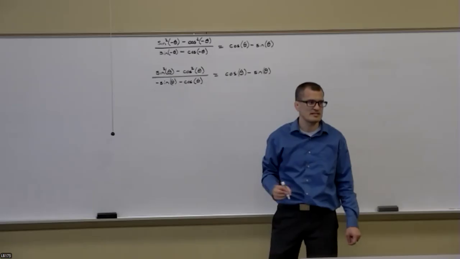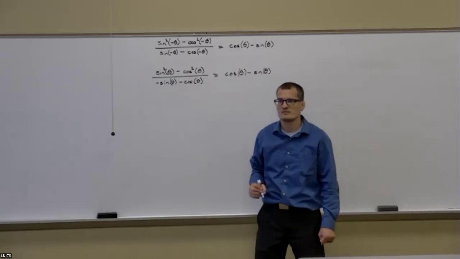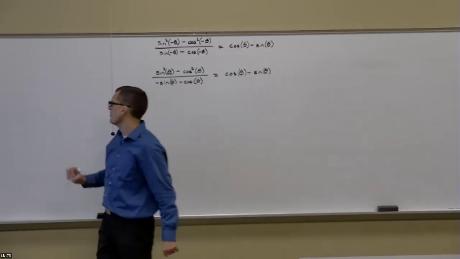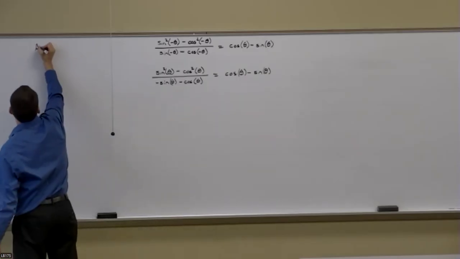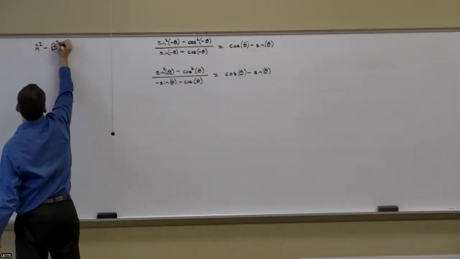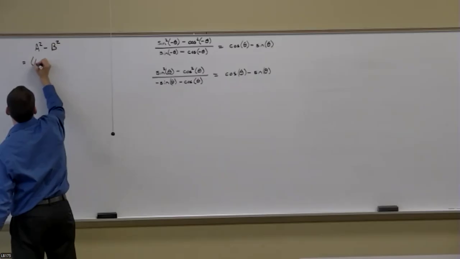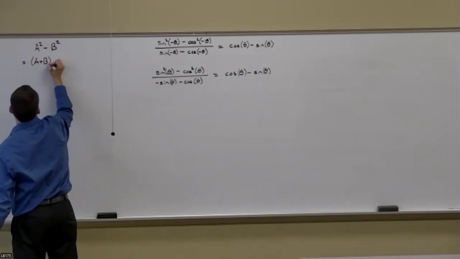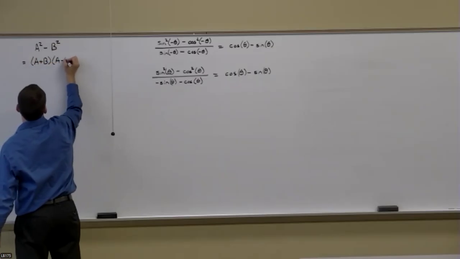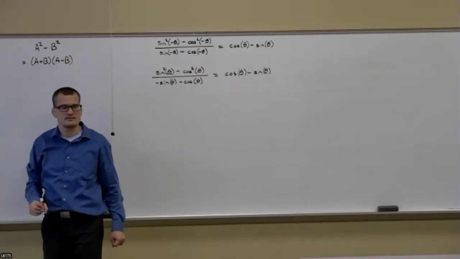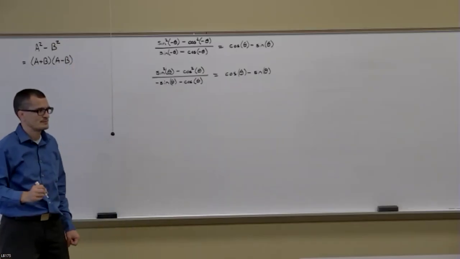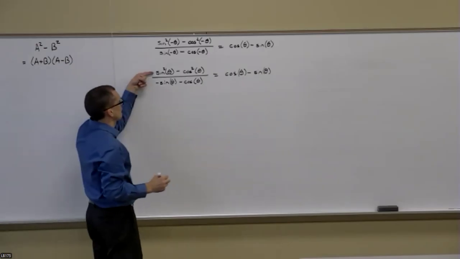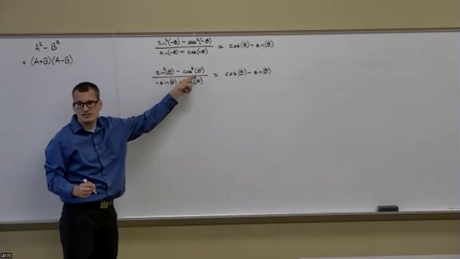You guys know what I'm saying by difference of squares formula? If I had a squared minus b squared, that's the same thing as a plus b times a minus b. That factorization. I could have applied that here where A is sine and B is cosine.